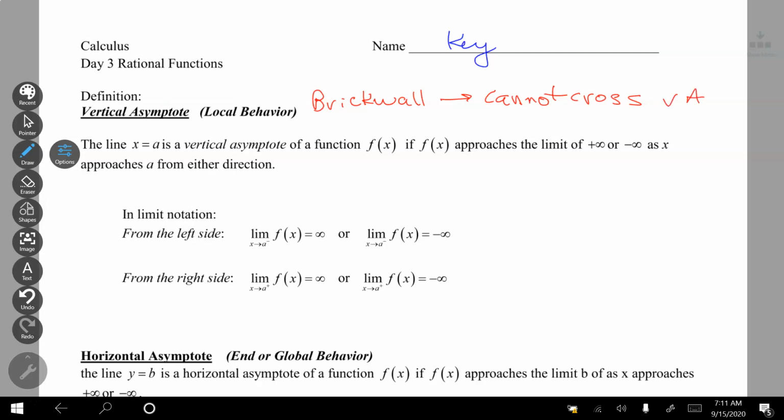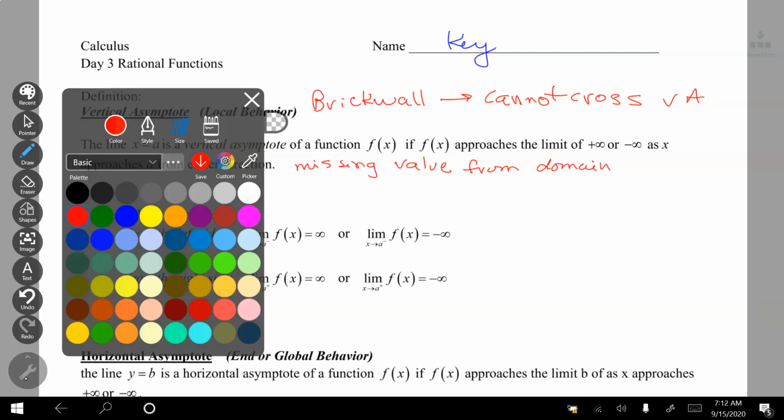If something is a vertical asymptote, that means it is a vertical line that the graph approaches and goes either to infinity or negative infinity, depending on what side you're coming from. So anytime you have a vertical asymptote, it is a missing value from the domain.